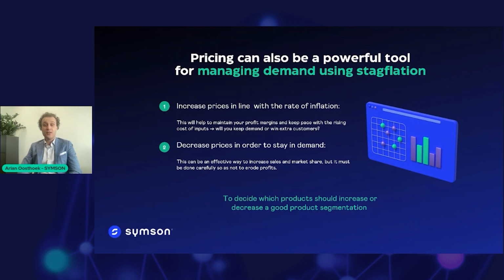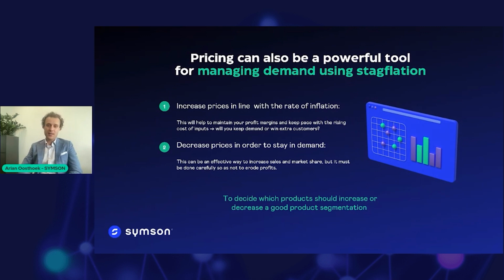The other tactic is to decrease prices to test whether a product is very price sensitive. Can I increase my demand if I slightly decrease my prices compared to the competition? Both of those tactics are really hard to apply purely on gut feeling.